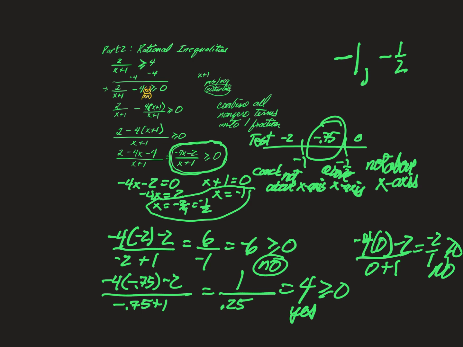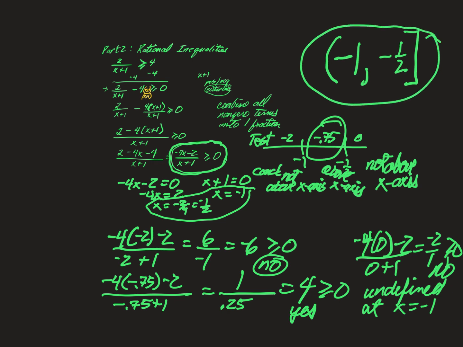Now, it's greater than or equal. And notice, which number makes the denominator 0? -1 does. So we cannot include it, even though it's greater than or equal. So you must check that. You have to note that it's undefined at x equals -1. And this would be our solution.